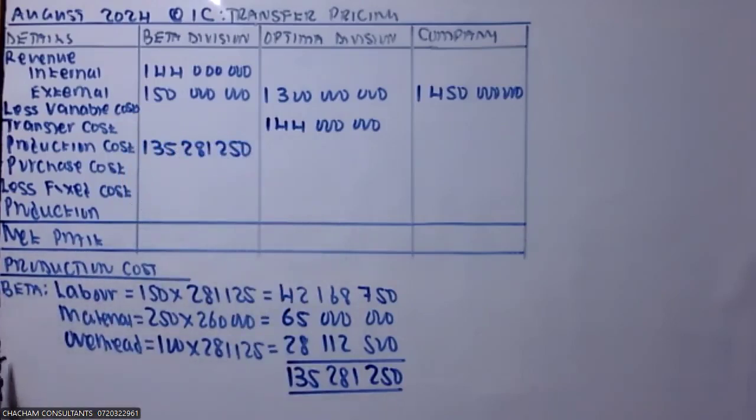Then we go to Optima. The variable production costs, this one is just a single figure. We are given 2,500. So you take the 2,500, you multiply by the 200,000 units.